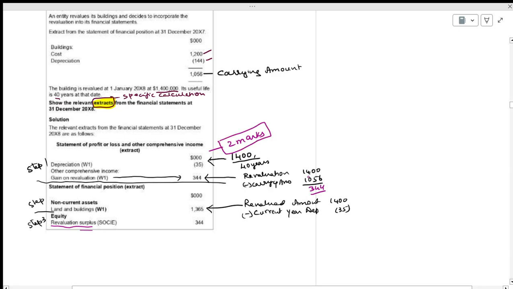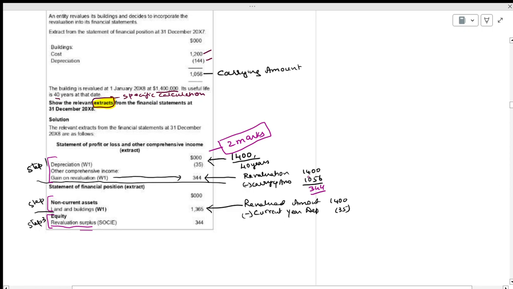When they say extract, we have to show the depreciation and the statement of financial position and equity. Only this much you have to show, we should not show everything.